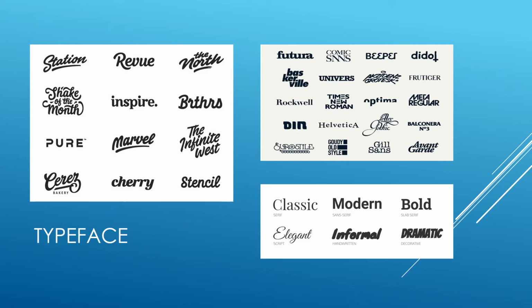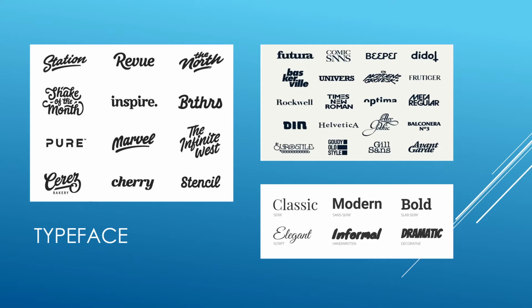The top left is a more logo-oriented way of typeface. There's stuff like Marvel, which seems like it would be on a baseball jersey with the cursive letters and the action-packed line that's under it.